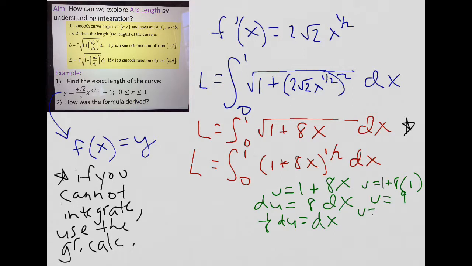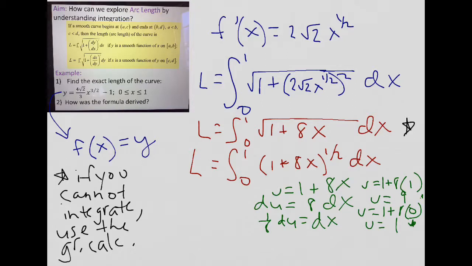And if u is 1 plus 8 times 0, my lower limit of integration is 1. My upper limit is 9. So that way we could change our definite integral.